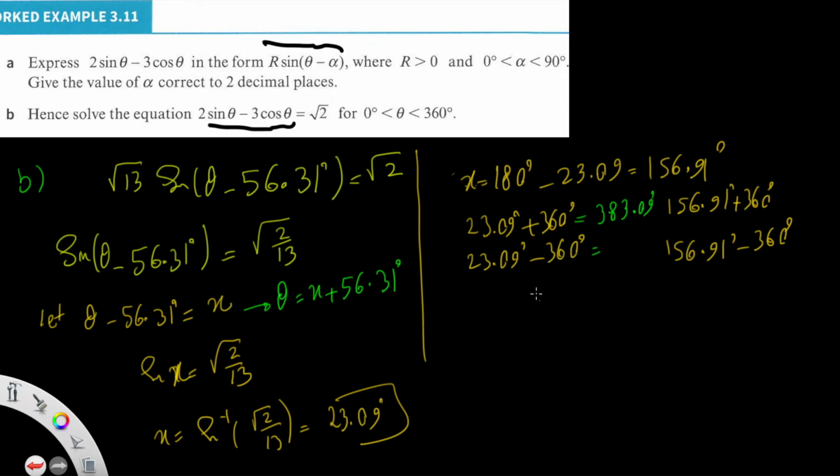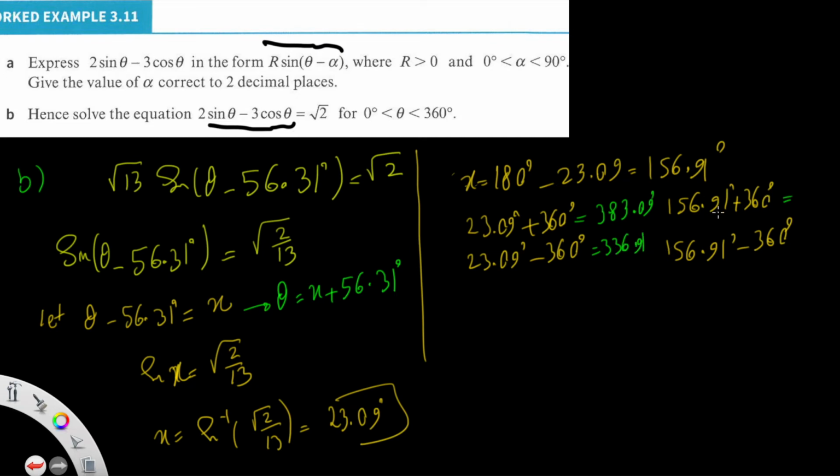If you subtract, 23.09 minus 360 is negative 336.91.